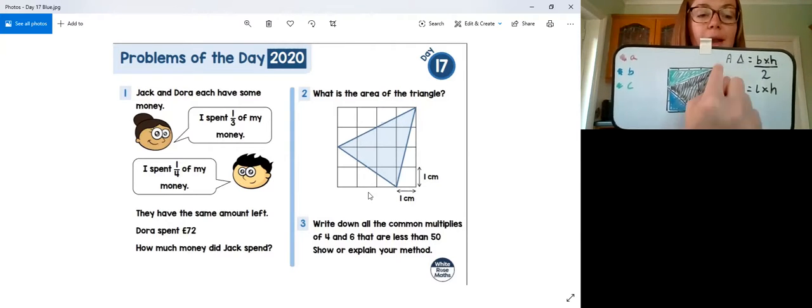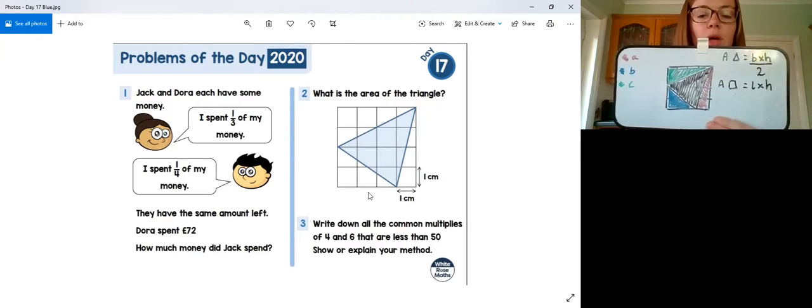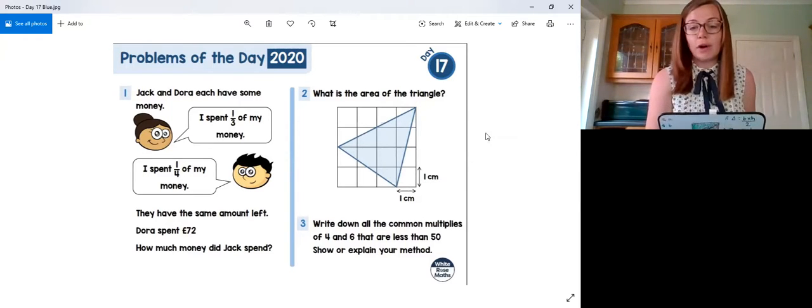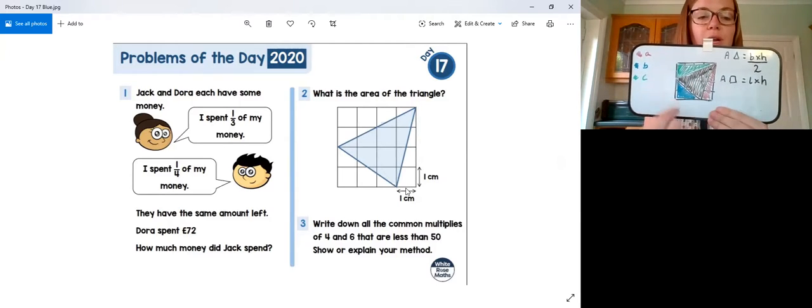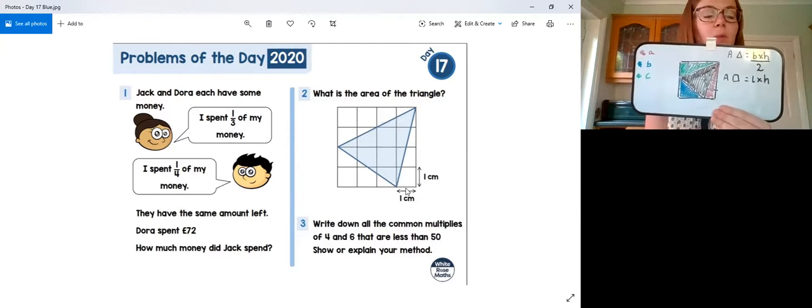So it means at 90 degrees, we have a base and a height for this triangle, because what we know from the diagram is that each of the squares within our grid is 1 centimetre wide and 1 centimetre tall.